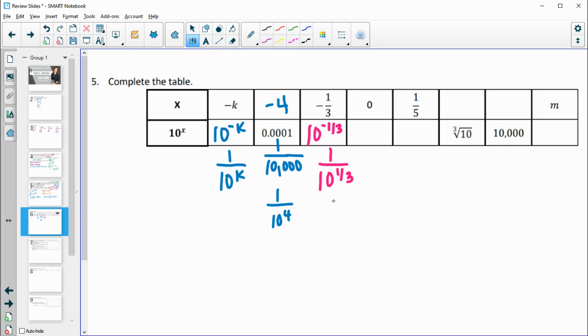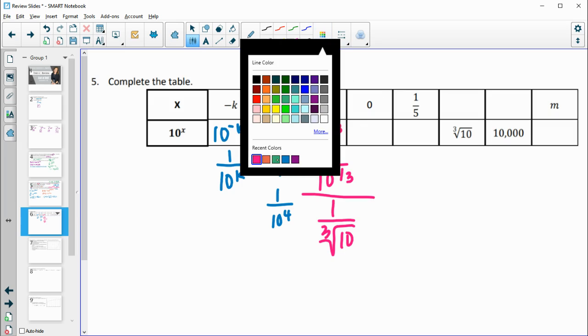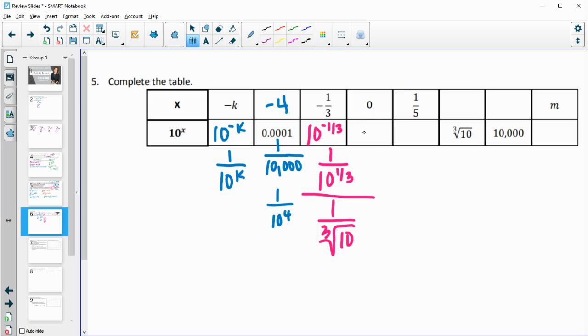You could also write this as 1 over the cube root of 10, since 1/3 power is the same as cube root. So all 3 of those would work in that one. Next one, if our exponent is 0, 10 to the 0 power is just 1. So this is 10 to the 0, which would simplify to 1.